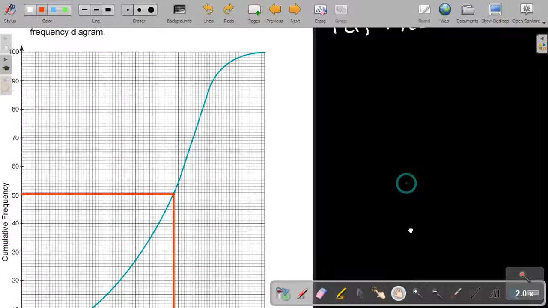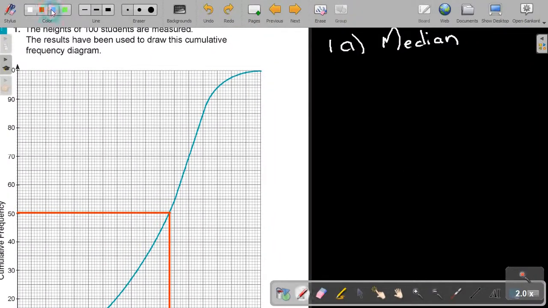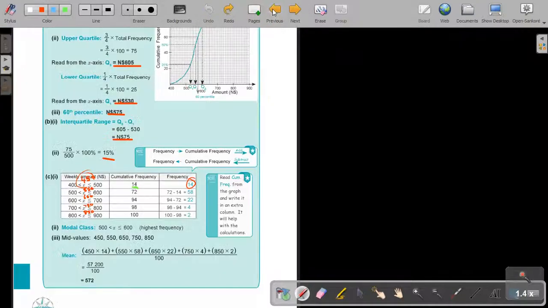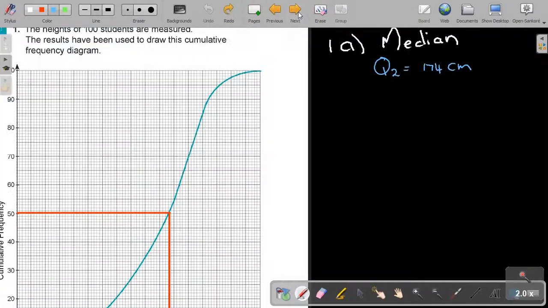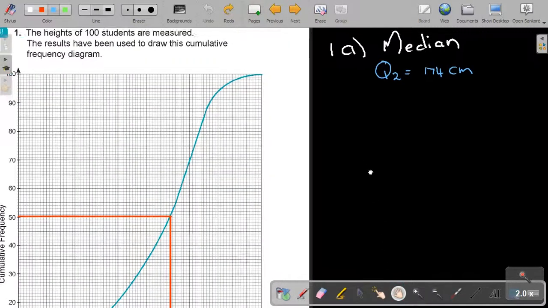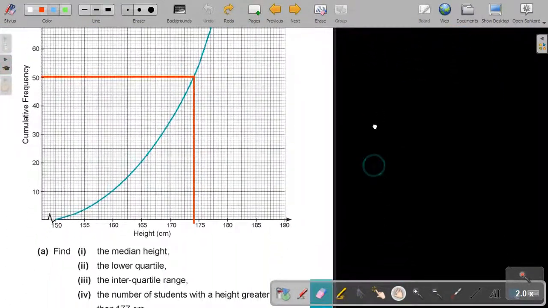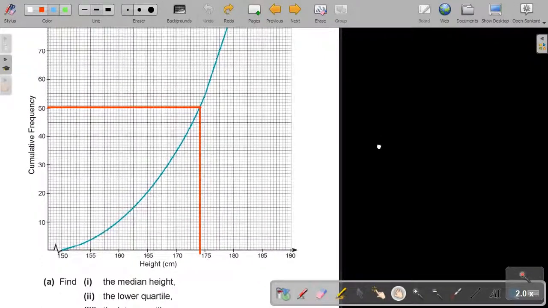Let's move it down. So Q2 equals 174 centimeters. Okay, then the next one, what did they ask me? Let's go back. Let's look up. The lower quartile.